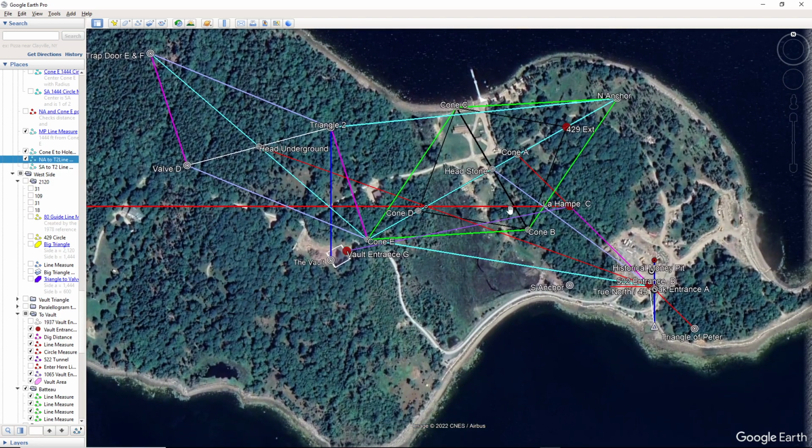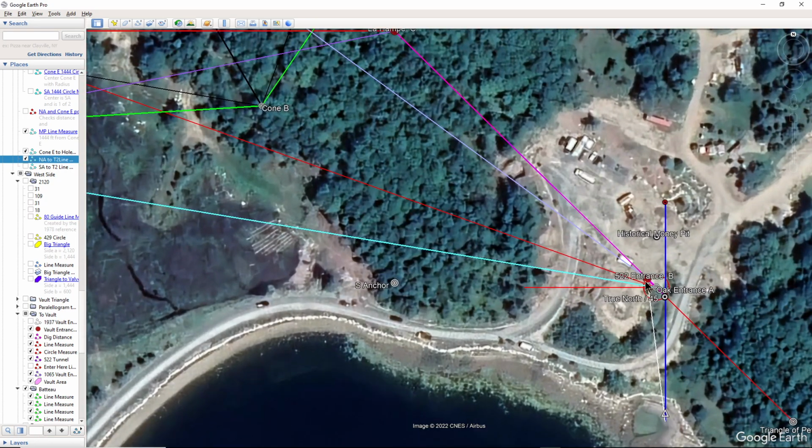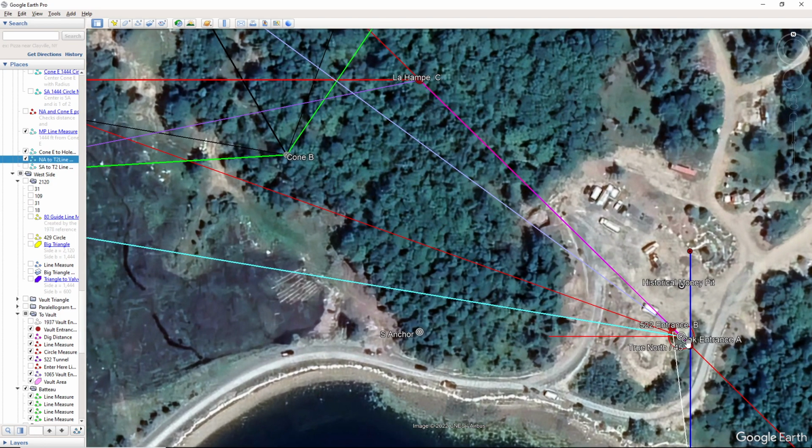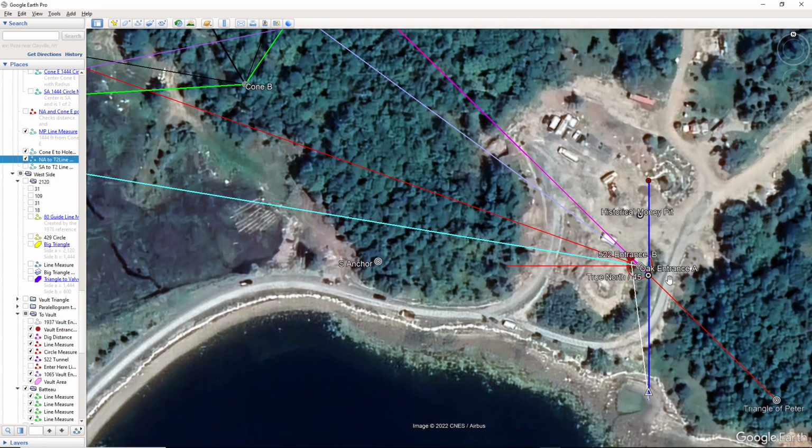So there's an association with the headstone and the 522 entrance, L'Hamp, which is the valve, and the north-south line with the Stone Triangle.